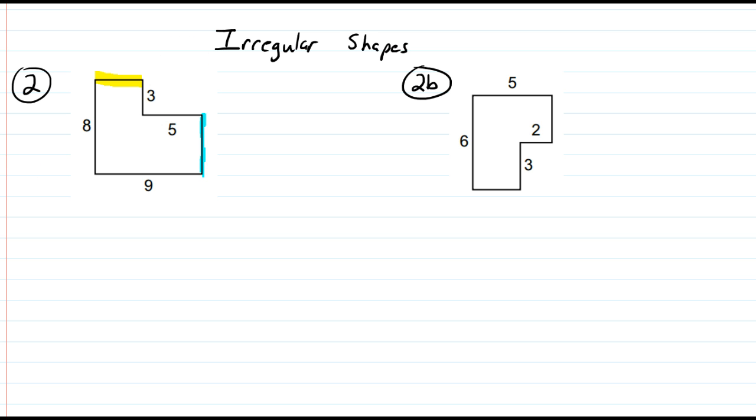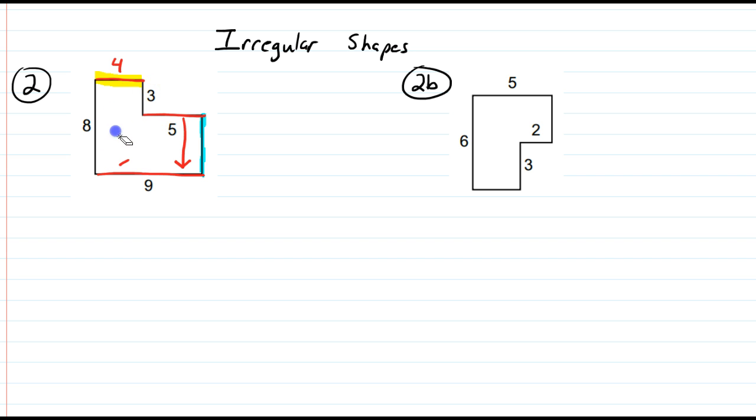So what you need to do is, let's start with this one. From here to here has to be 9. Because if you were just to move this down and move this down, they should land right on top of that 9. So if this is 5, what plus 5 is 9? And so that's 4. So now I got to find this side.